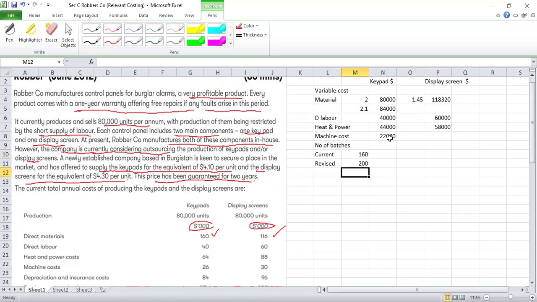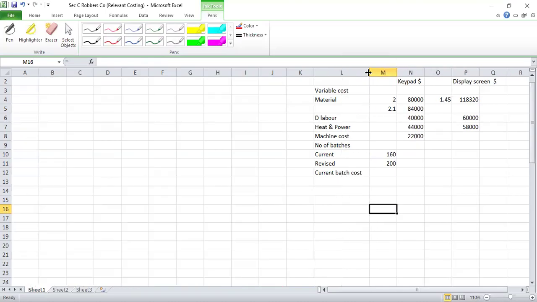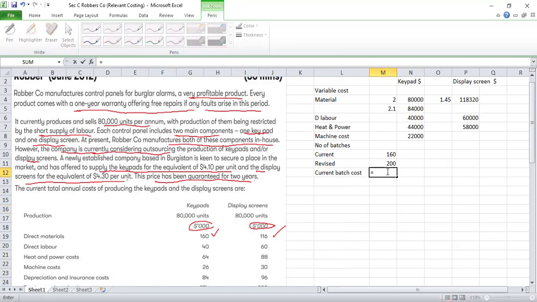And if we calculate batch cost, current batch cost is 22,000, the variable cost, divided by 160 batches. So we have 137.5 as the current batch variable cost. There is no rise in this cost.